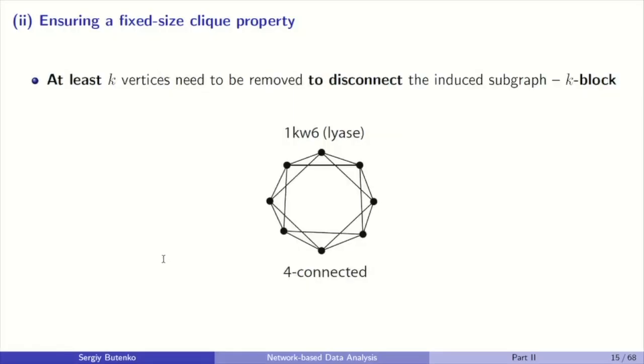If we apply the same considerations for connectivity, we obtain the K-block, right? Again, a subset of K plus 1 vertices is a clique if and only if it is K-connected. Again, we drop the cardinality part from the definition, so we obtain the definition of the K-block, right?